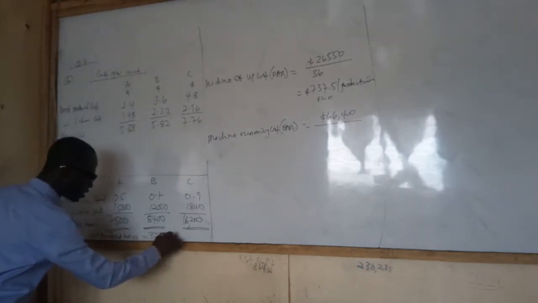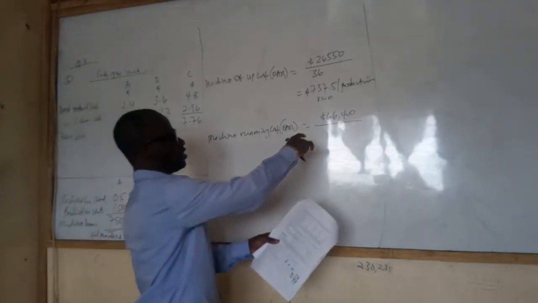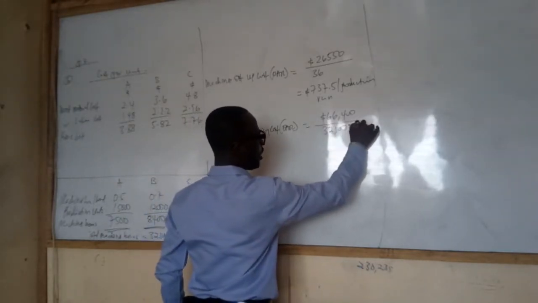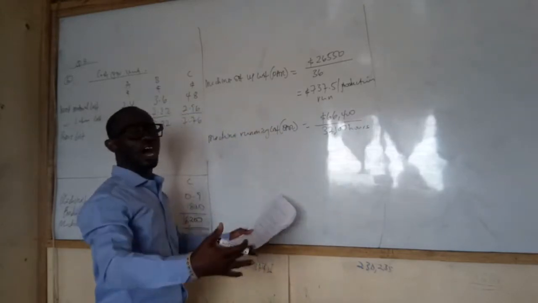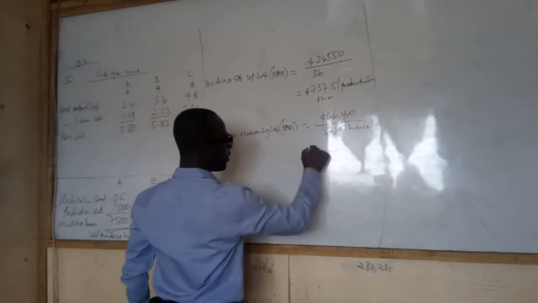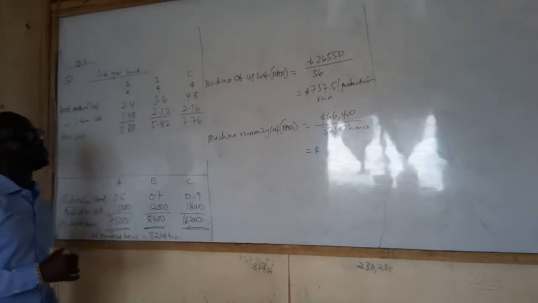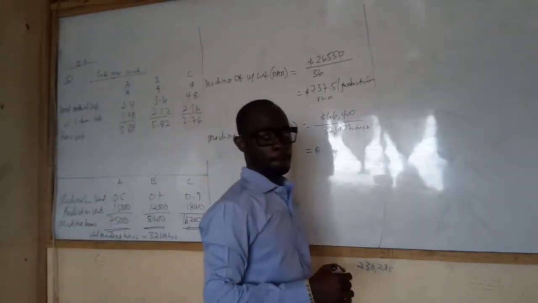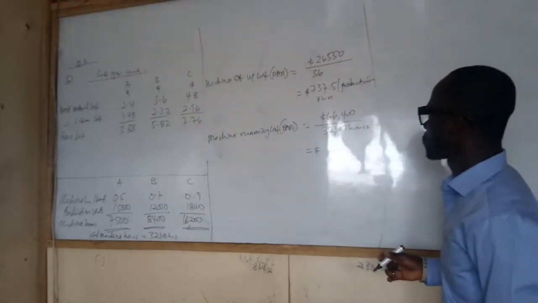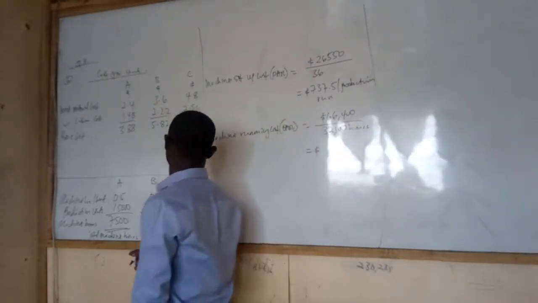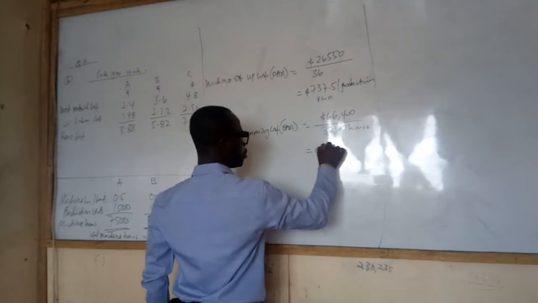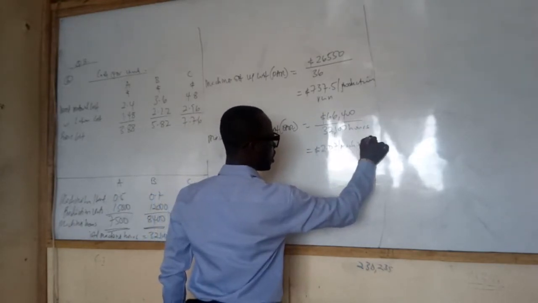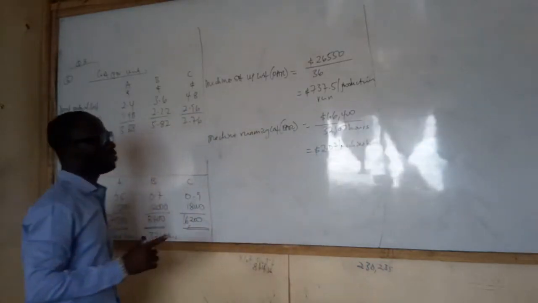So that 32,100 is what we bring here, because we are using machine hours to allocate. So what do I have? $2.07 per machine hour.